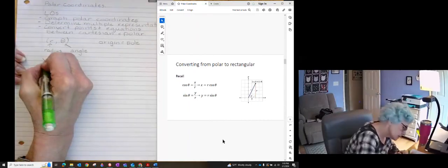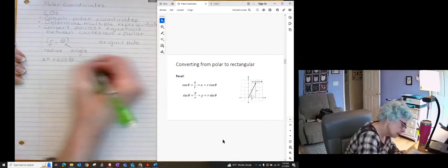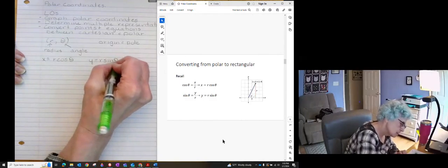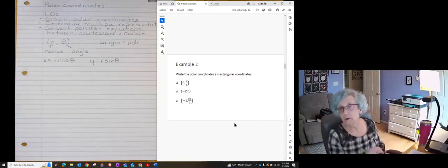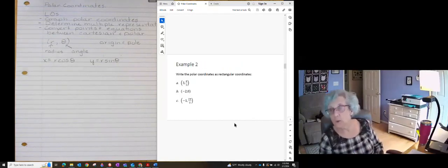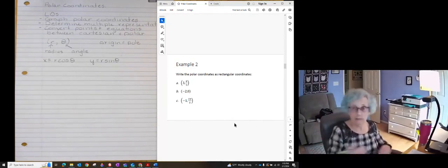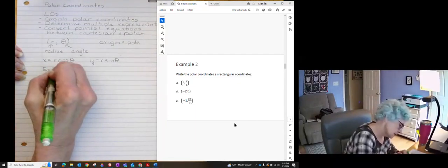So x is equal to r cosine theta, and y is equal to r sine theta. So if we want to write polar coordinates as rectangular coordinates, we have our r, we have our theta. So this is example 2.